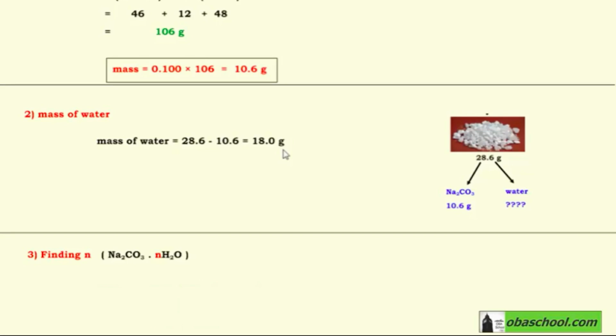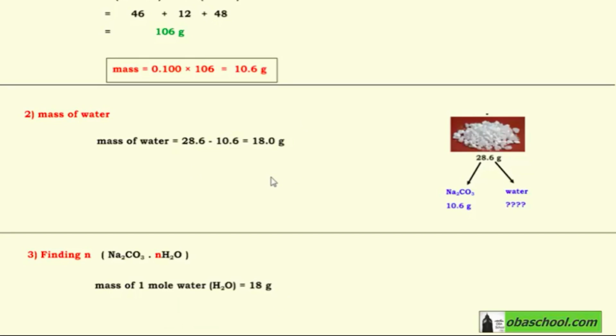If we think properly, we find that the mass of 1 mole of water is 18 grams. How? From the relative atomic masses, 2 plus 16 equals 18 grams. So if the mass of water is 18 grams, hence the 18 grams are found in 1 mole of water.